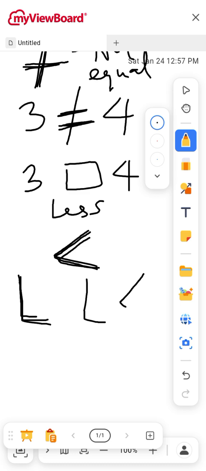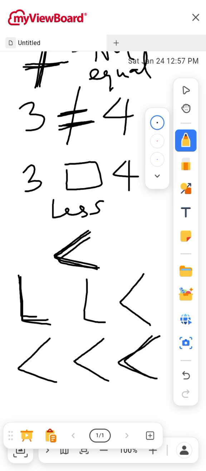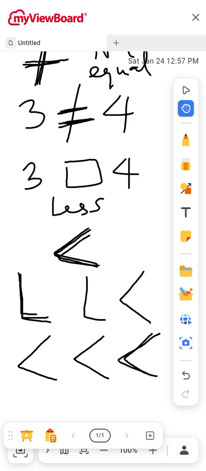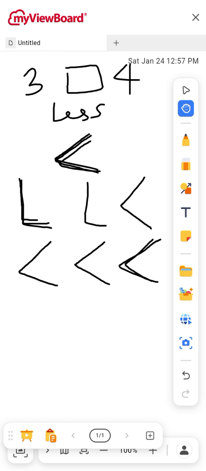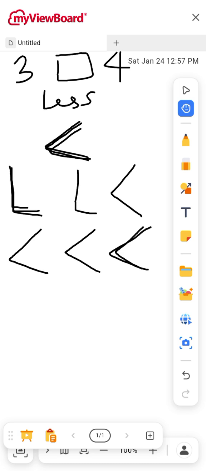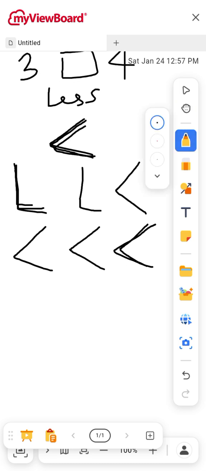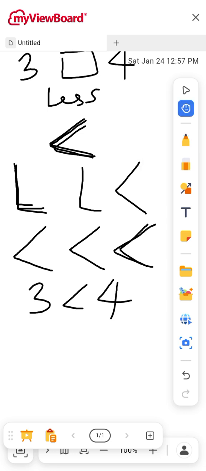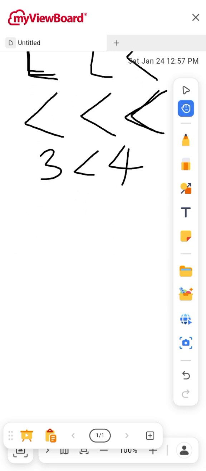So instead of a straight L, we now have a bent L. With this, even when they wake you from your slumber to write your less than sign, you should not make a mistake. An L that is bent is our less than sign. So 3 less than 4 will be written as 3 is less than 4. So the less than sign is also an inequality sign.